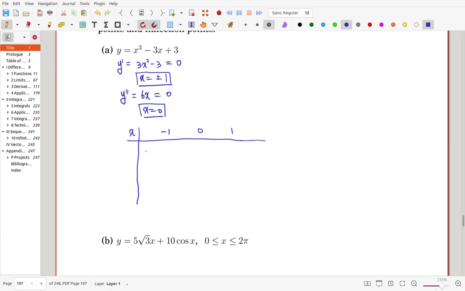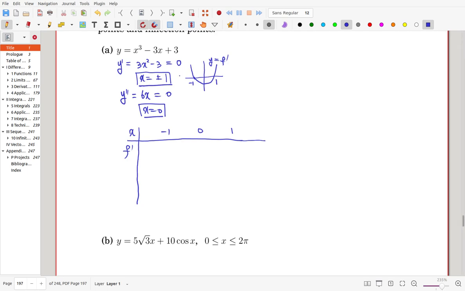Now f prime, the graph of f prime is given in this way, y equals f prime, with zeros at minus 1 and 1.